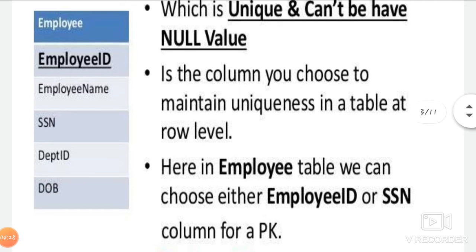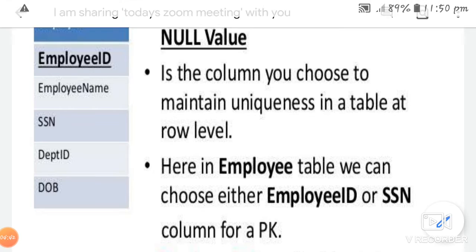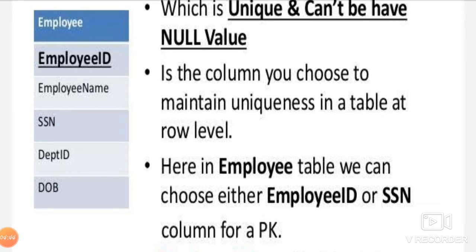Look at this example that I have given here. Here we have the employee table, the relation name is employee. In that employee table we have 5 attributes. First one is employee ID, second one is employee name, and the third one is SSN, then department ID as well as DOB.